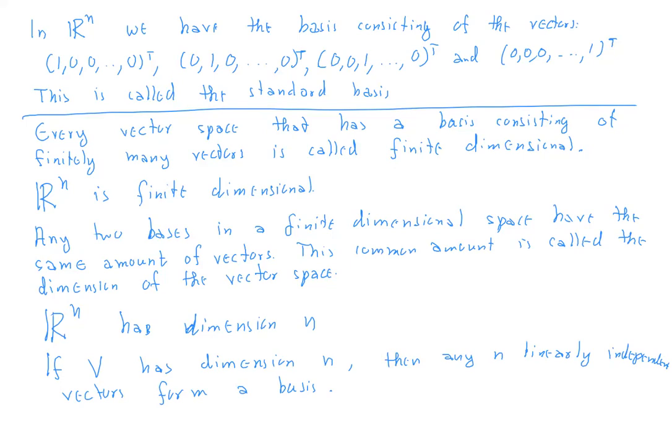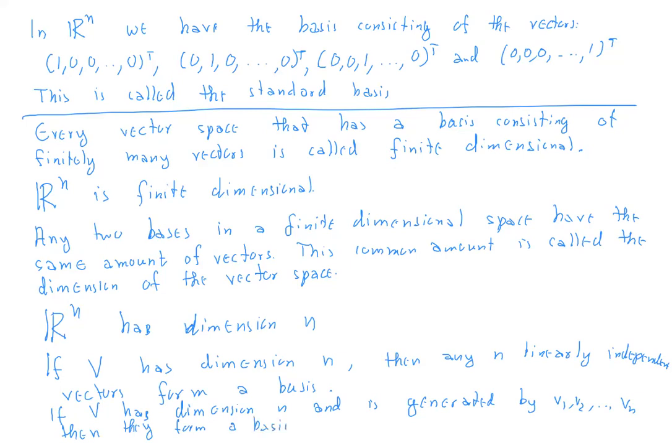Same thing with generation. So if V has dimension n and is generated by V1, V2, up to Vn, then they form a basis. So in other words, the conditions for forming a basis are two, right?